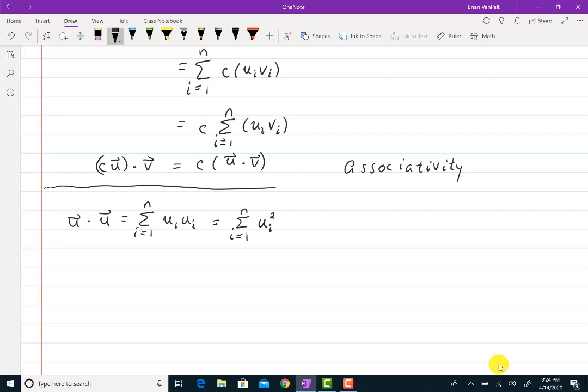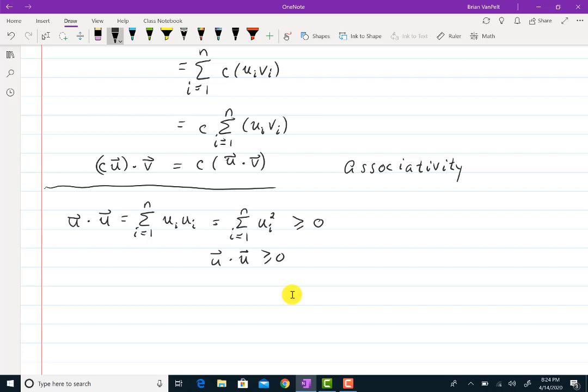Whenever you take a real number and square it, it's non-negative. If you add up a bunch of non-negative numbers, you automatically get something non-negative. So we have u dot u is greater than or equal to 0.